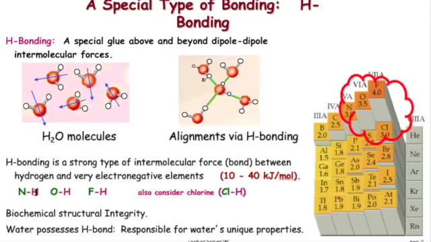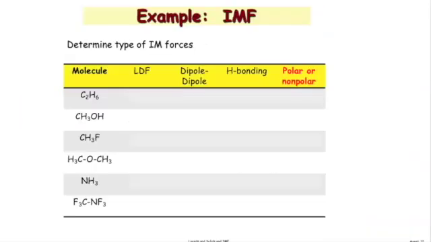When that electron is being stolen by those electronegative elements, that proton is naked, and it gives the hydrogen a special type of intermolecular force called hydrogen bonding.